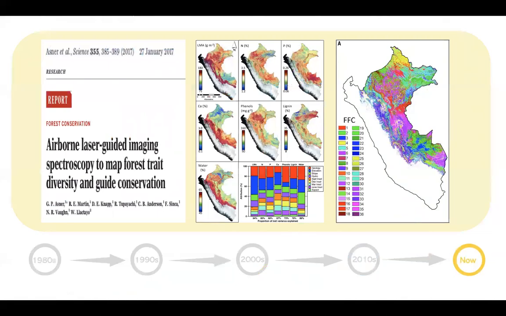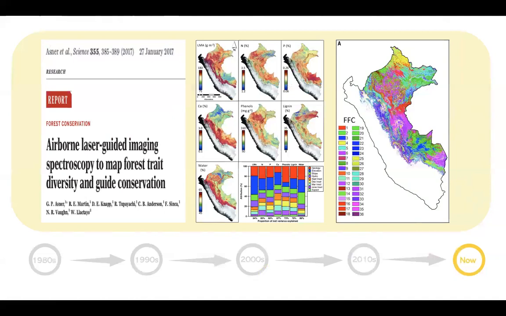But he created these functional categories here based on these different chemistries. And he identified several combinations of these that were functional traits that weren't represented in the National Preserve System. And the government of Peru actually used this to create a new, very large national park. That's like a success. That's the sort of thing that we're aiming towards using this data to do.